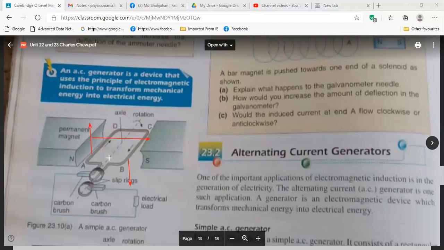The current is going from here. If you show the direction like this, it's coming here, right? This side.